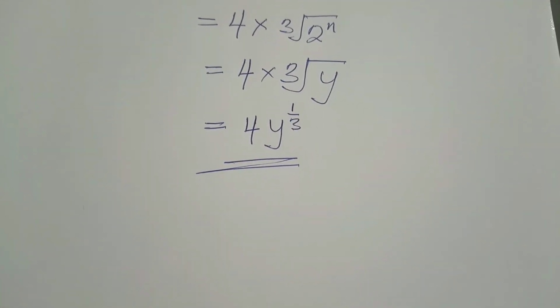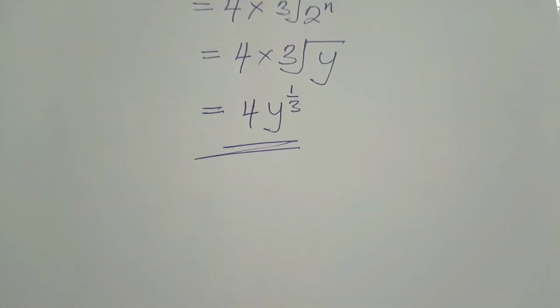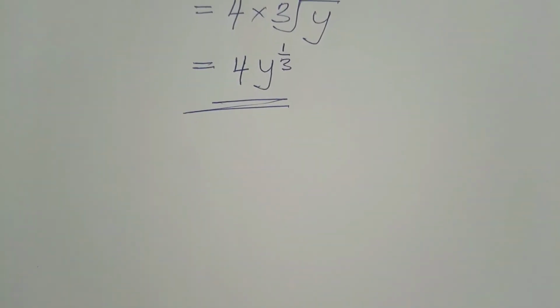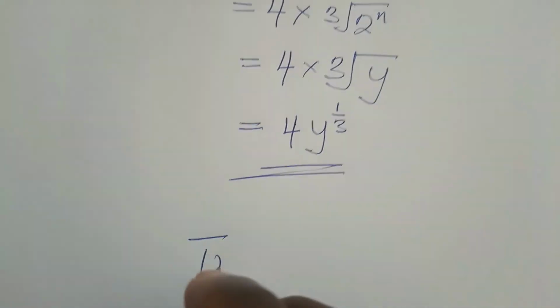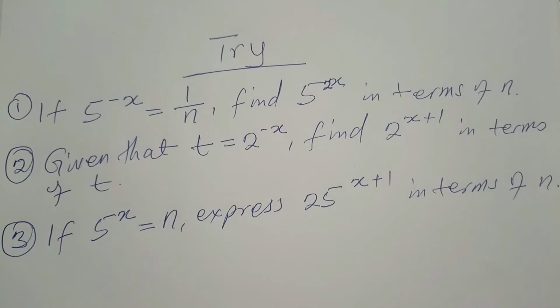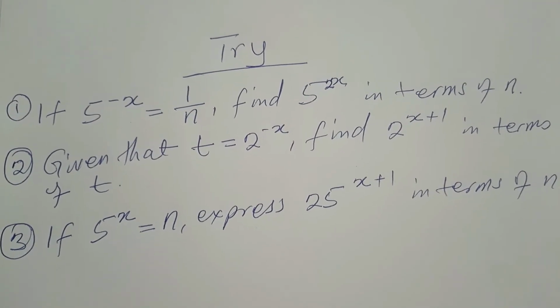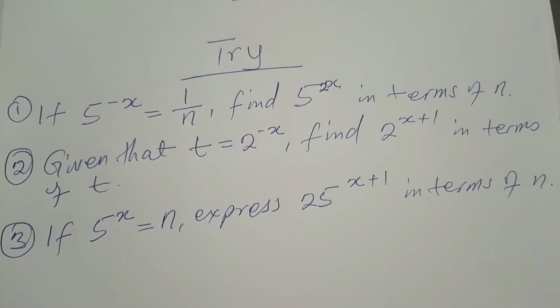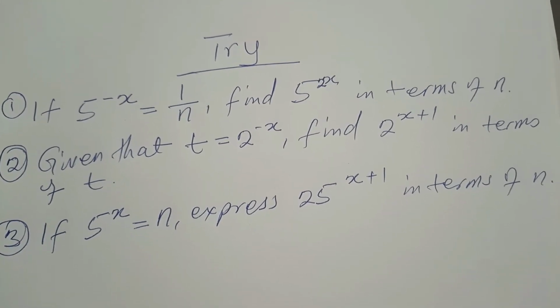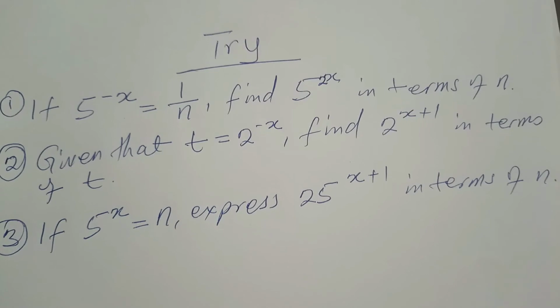So I'm just going to give you some questions to try, and I expect you to put the answers in the comment box for me to see those who were able to do it well. So try the following questions. Question 1 is, if 5 exponent negative x equals 1 over n, find 5 exponent 2x in terms of n.